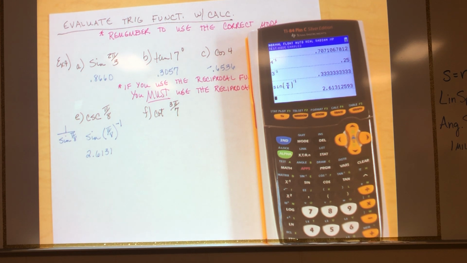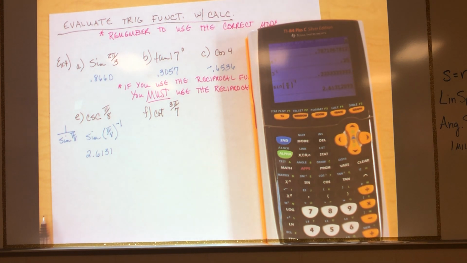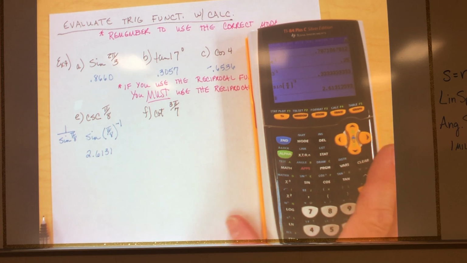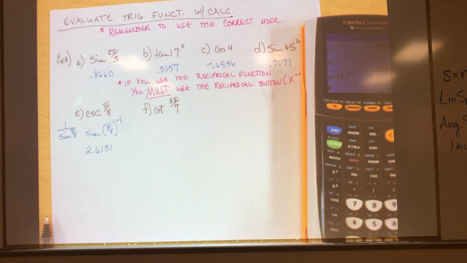If I were you, I would rewrite it the other way so that when you want to go back and study, you'll have some notes or some examples that show you how I want you to rewrite it.